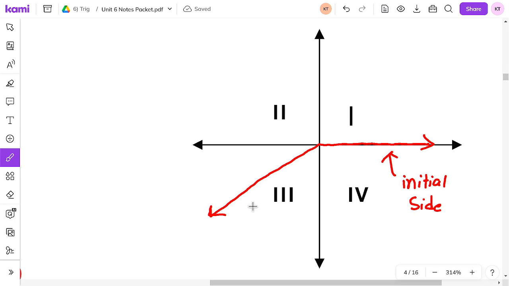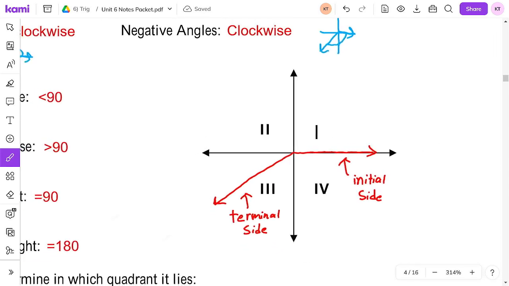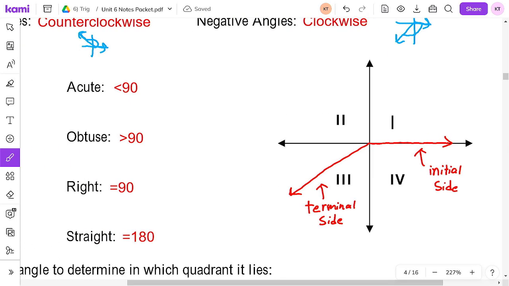And then right here, we have our terminal side. And so this is like the ending side of our angle. So initial means the start, terminal means the end. And we'll see that more when we talk about different parts of angles.